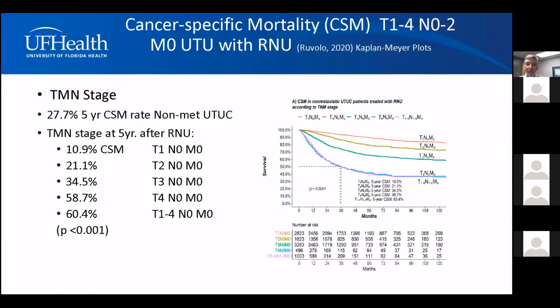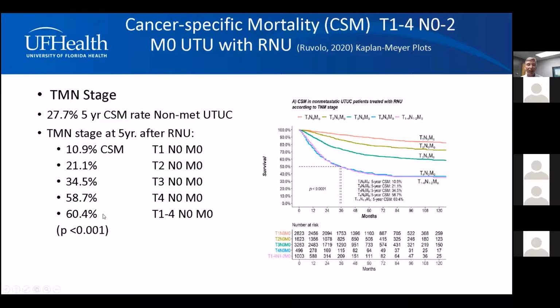In the same study they did, now we're looking at cancer-specific mortality using Kaplan-Meier plots, looking at TNM stage, and you see the TNM stage at 5 years after a radical nephroureterectomy. So this is still with non-metastatic M0 patients treated with a radical nephroureterectomy. And you can see that the lowest survival is in the T4 disease.